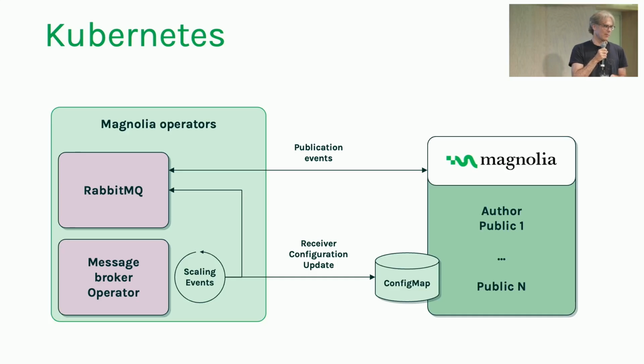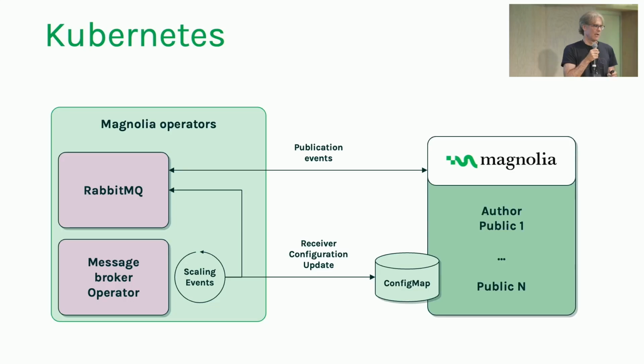With Kubernetes, if you deploy Swift publication there, you can configure your public instances in a Kubernetes config map, and then we have that operator. This is a Kubernetes concept. You have this Magnolia message broker operator, which sees that you made a change in that config map, maybe you added a public instance there. It will go into the control loop of Kubernetes and try to align the desired state, what you configured in the config map, with the actual state.